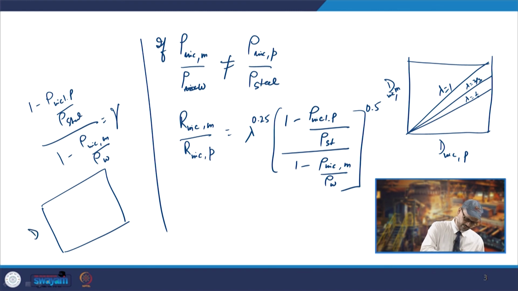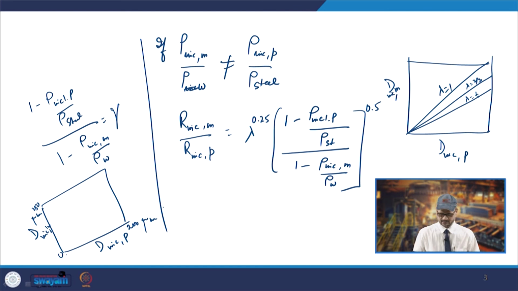So, you will have d inclusion m, and then you will have d inclusion of the prototype. In that case, for the particular value of gamma, you will have different ranges, like 0 to 250 micrometer, and similarly 0 to 200 micrometer.